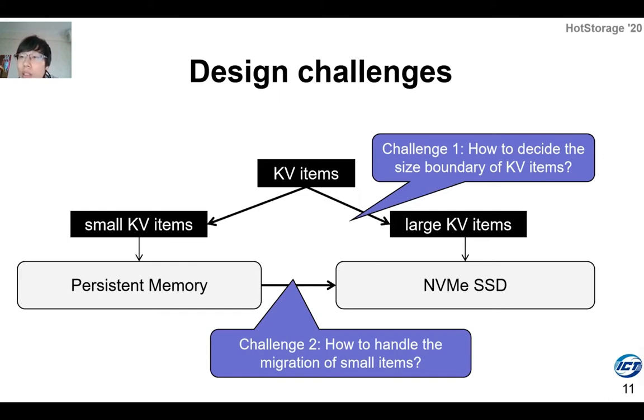The second challenge is to handle the limited persistent memory space. Since the space of persistent memory is limited, key value items in persistent memory need to be migrated to SSD for reclaiming persistent memory space. Therefore, we need to consider how to handle the merging of smaller items. Next, I will explain how SplitKV handles these two challenges.